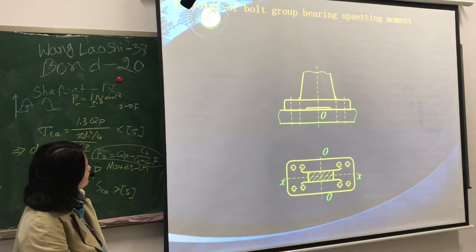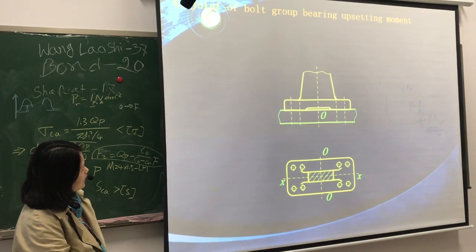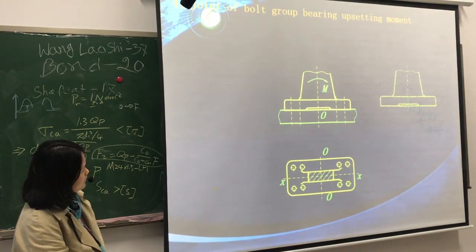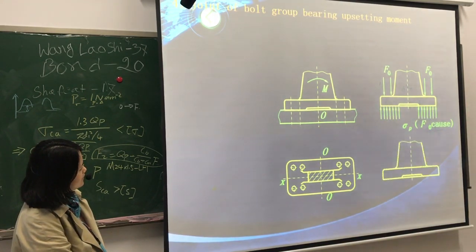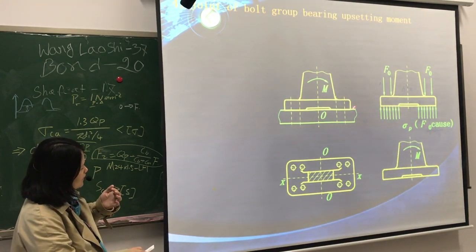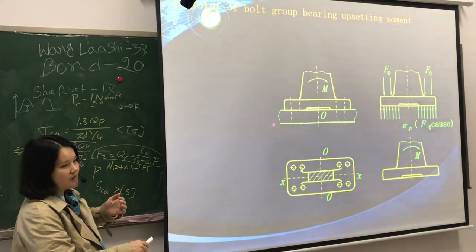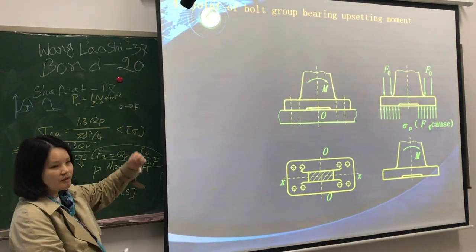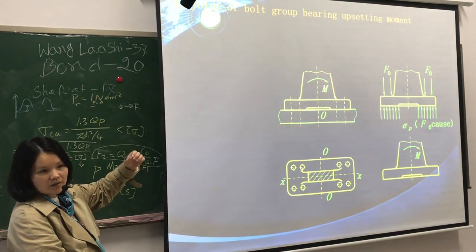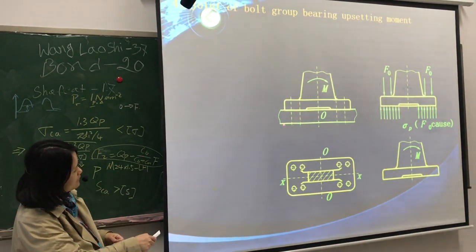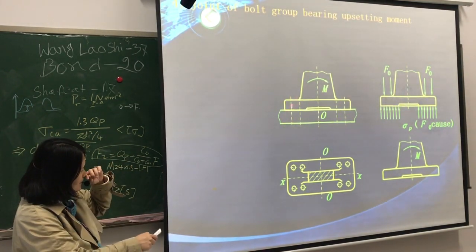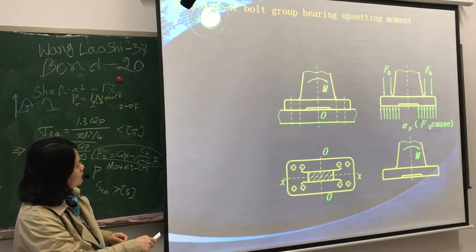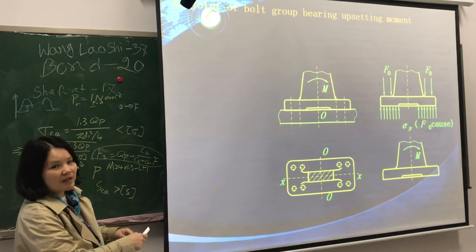And the joint of a bolt group bearing an upsetting moment like this. There is an upsetting moment M. Under this condition, on the left the bolt should be stretched further and the members compressed, and on the right the members will be relaxed.